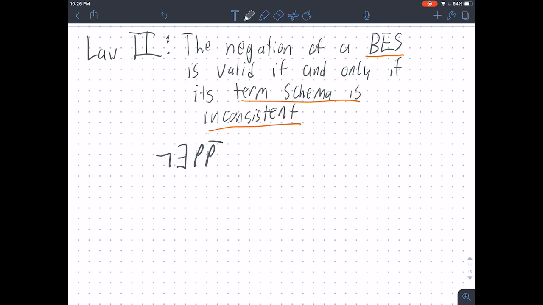So if we wanted to know whether or not the negation of this was valid, we just test the term schema, and if the term schema always comes out false under truth value analysis, then the whole thing, including this negation sign, is valid.